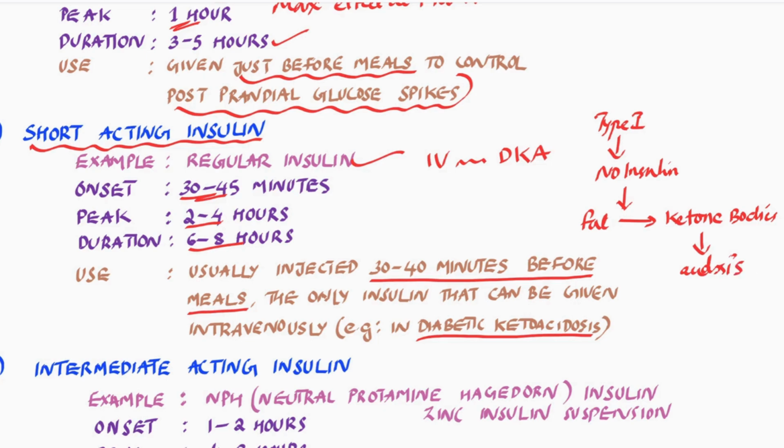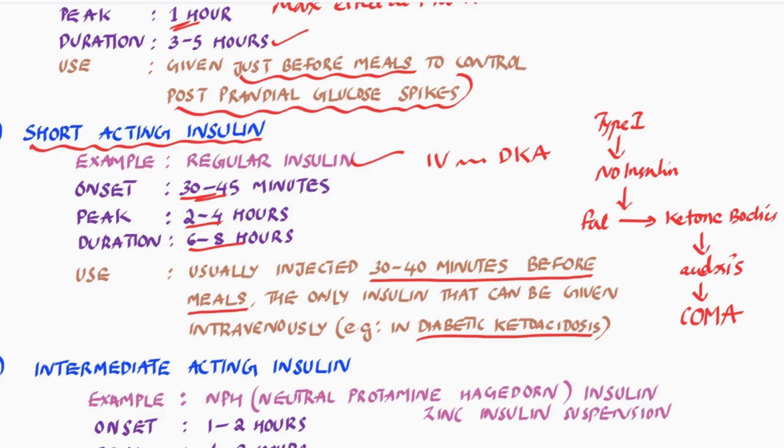When ketone bodies are high in the blood, they can enter the brain, and if it is not treated, it can lead to coma of the patient. So it is a medical emergency, and in this condition, blood flow to the skin and fat tissues is poor.